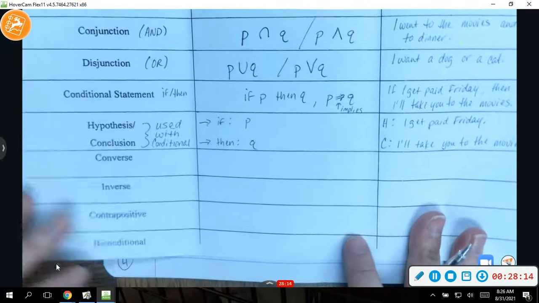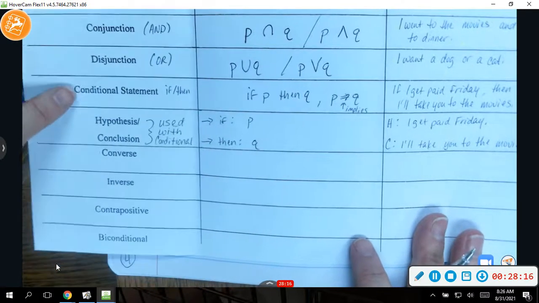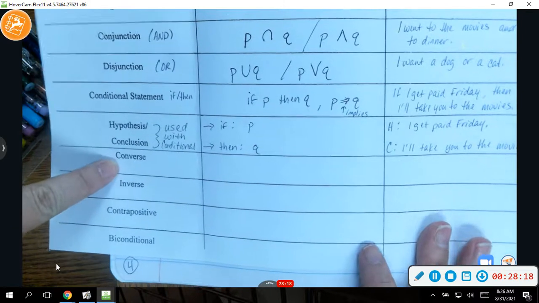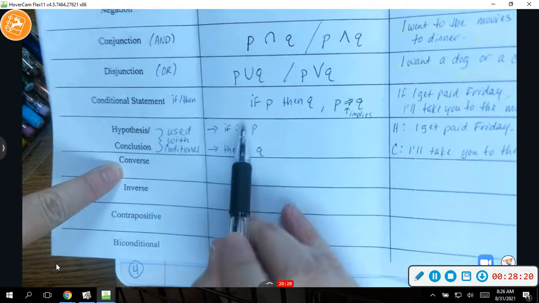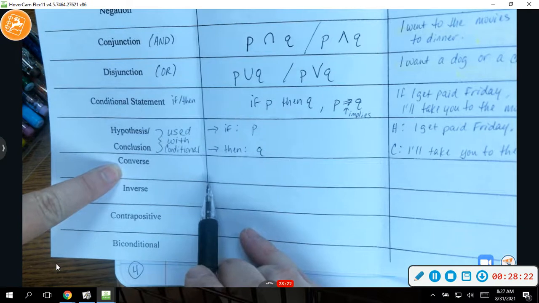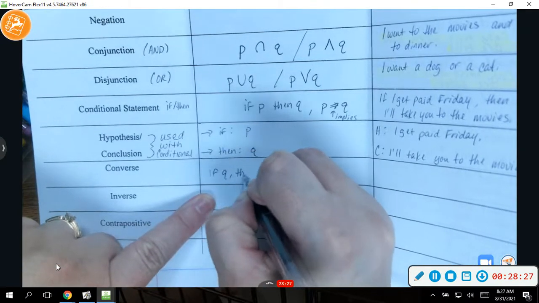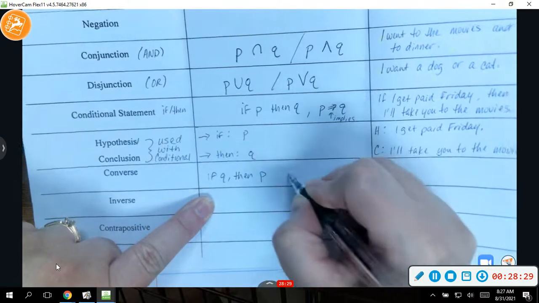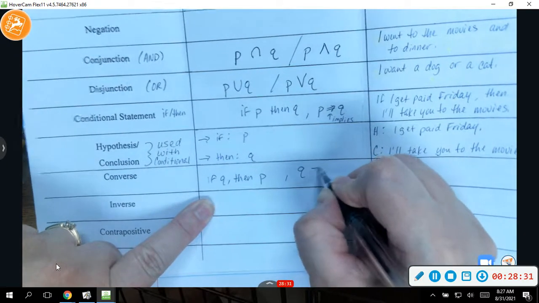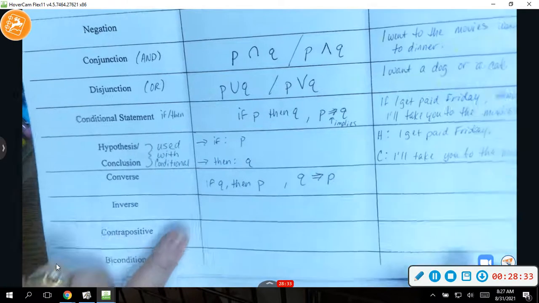So we already talked about our conditional, but now we've talked about our converse. So remember, these were our symbols. The converse is where you switch them. So you could say if Q then P, or you could say Q implies P. Okay?